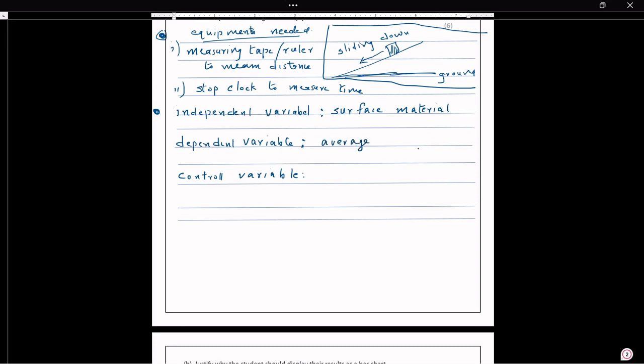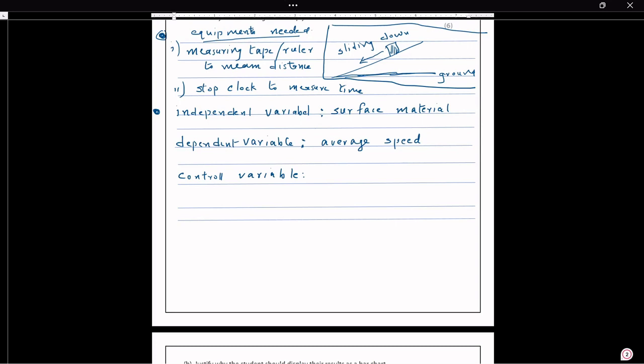Of course, he is measuring the distance and time, fine, but the final output from the experiment is calculating the average speed. Therefore, the dependent variable is the average speed.